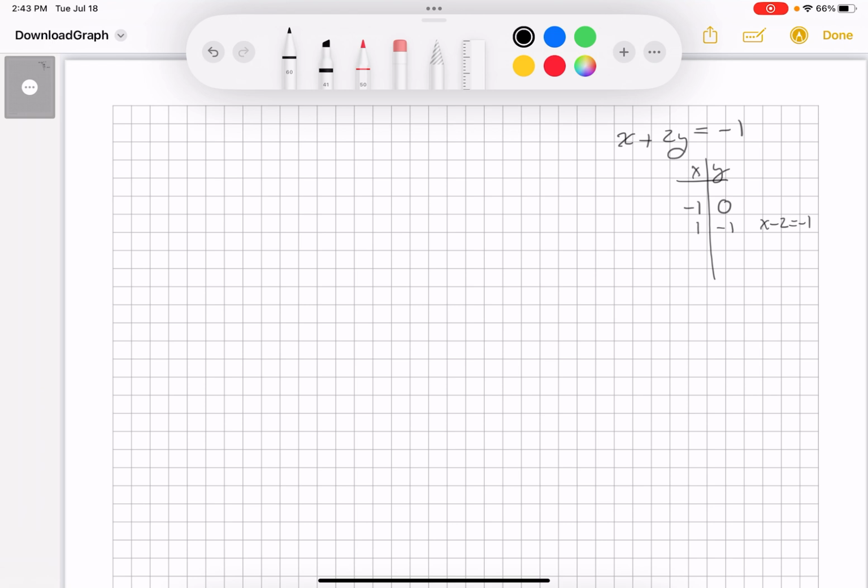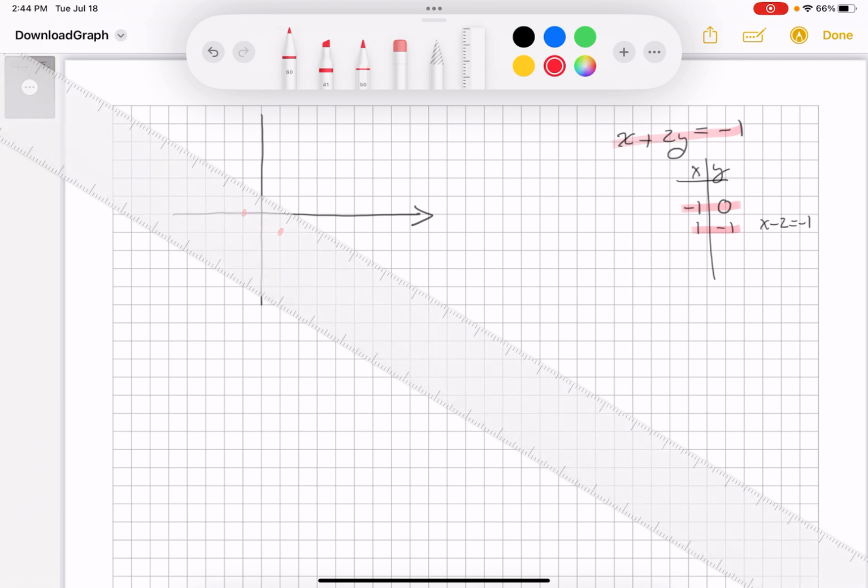What I'm going to do is graph that line out for you. I'm going to be doing this line here in red. All right, let me put that down for you. So, minus 1, 0. That's that point right there. And then 1, minus 1.